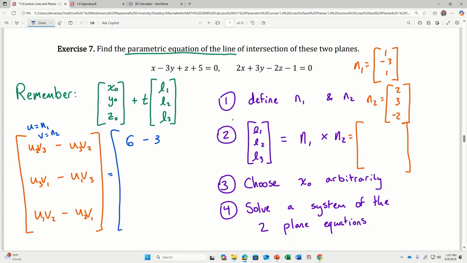And u3 v1 is 1 times 2. u1 v3 is 1 times negative 2. u1 v2 is 1 times 3, and u2 v1 is negative 3 times 2. That's negative 6. Negative 3 times 2 is negative 6.